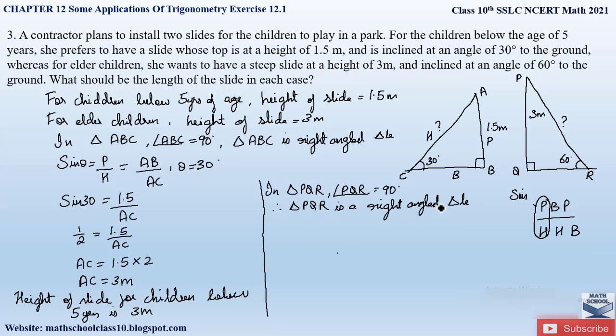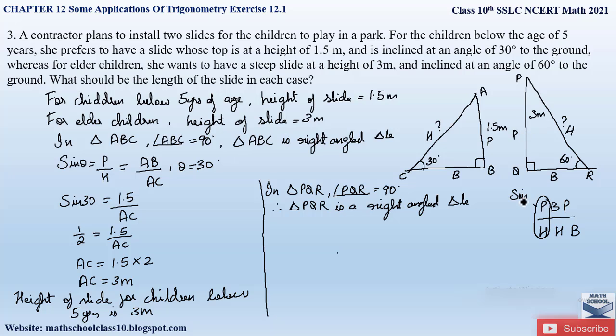Now here again, if it is a right angle triangle, we have an acute angle and a side given. The side opposite the acute angle is the perpendicular, the side along its base, and this side PR is the hypotenuse. Again here we have to find the hypotenuse given a perpendicular, right?